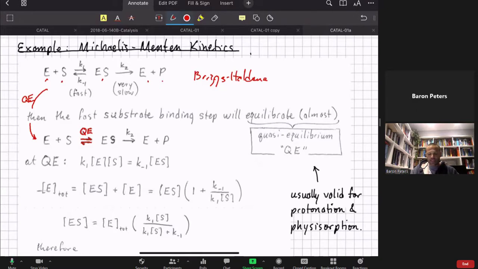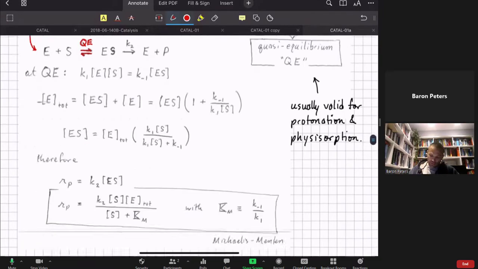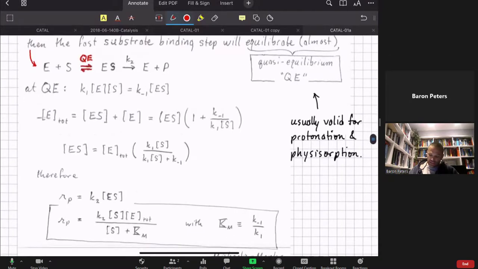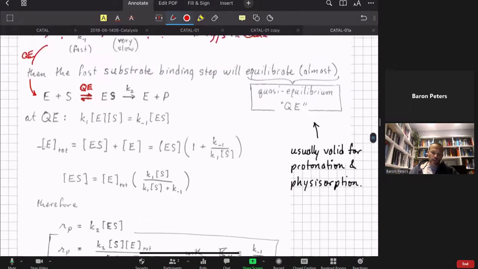So if these things are quasi-equilibrated, the forward rate, K1 times E times S, has to be equal to the backward rate, K minus 1 times ES. You can see that all that matters here is the ratio of K1 and K minus 1. That's what we're going to see down here. So this Km is going to be that ratio of K minus 1 and K1.